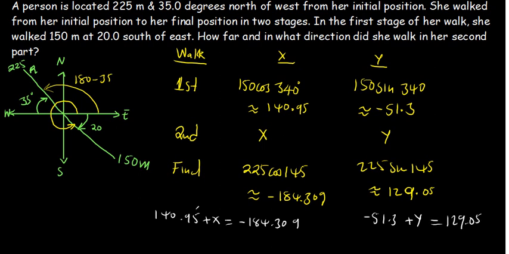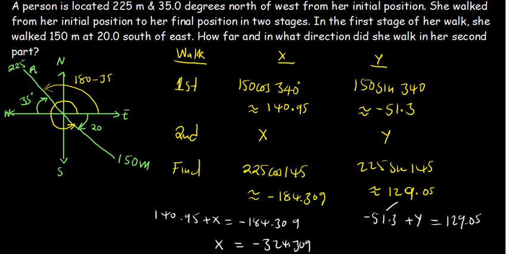If I take this value to the other side, it will be negative 184.309 minus 140.95, which gives the x component of negative 324.309.